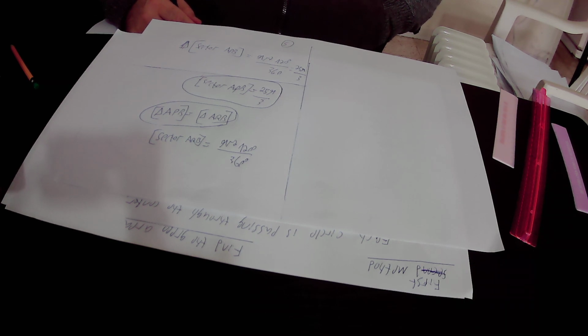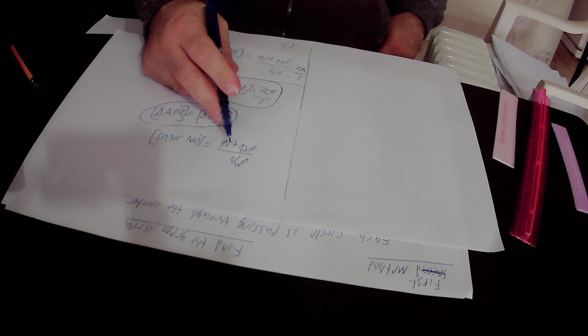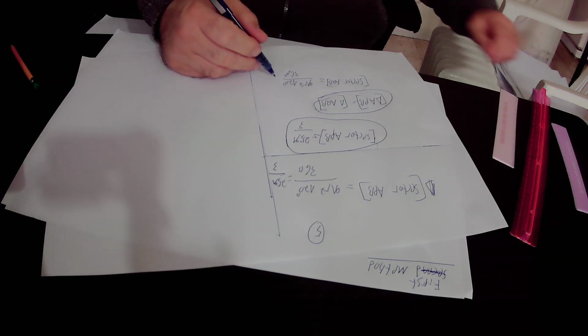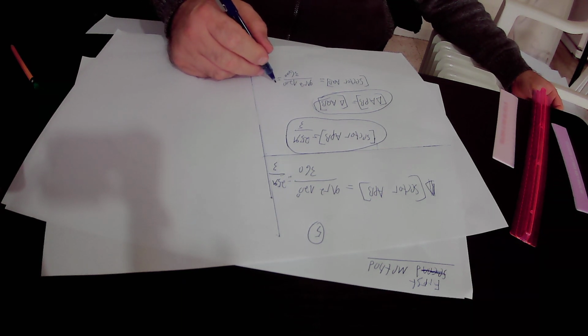R equals 5, so r squared is 25, and 120 degrees over 360 degrees is 1 over 3, so the area of sector AQB equals 25 pi over 3 square units.